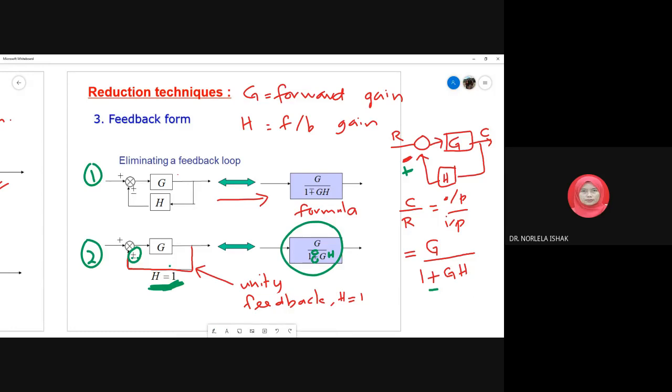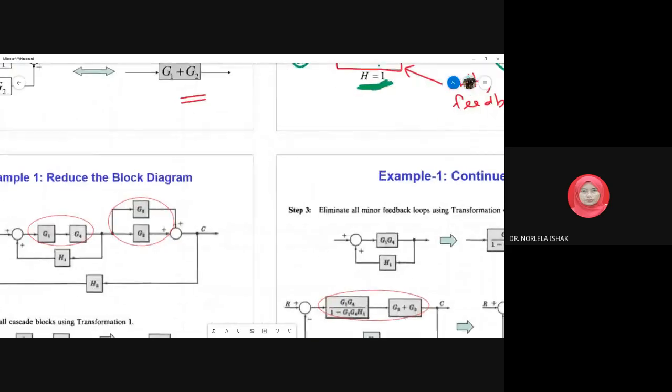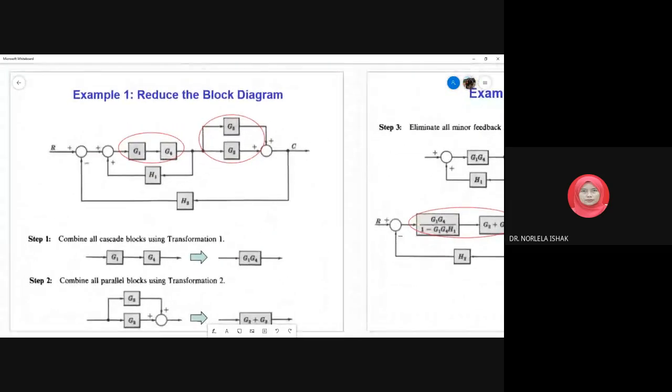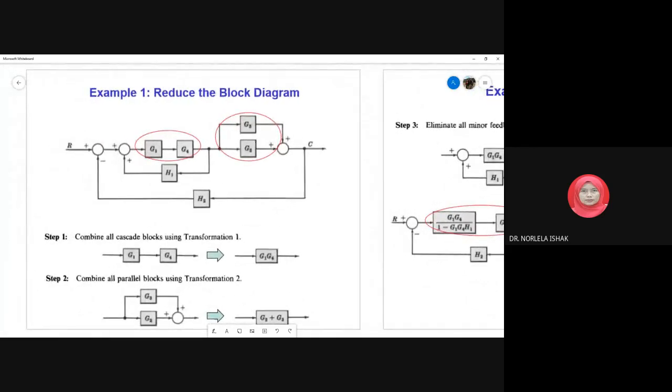Okay, let's say you see this first example. What can you see from here? This is the first example for reducing the block diagram, where we want to define the transfer function. Let's say I give you this block diagram.